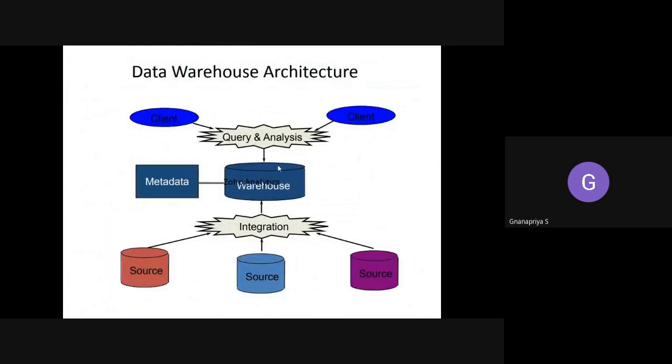Okay, so we have a warehouse here, and this warehouse integrates data from multiple sources, and data from multiple sources would be in different formats. Therefore, this needs to be transformed into one specific format that could be accepted by the warehouse and stored in the warehouse. And we have a metadata here.